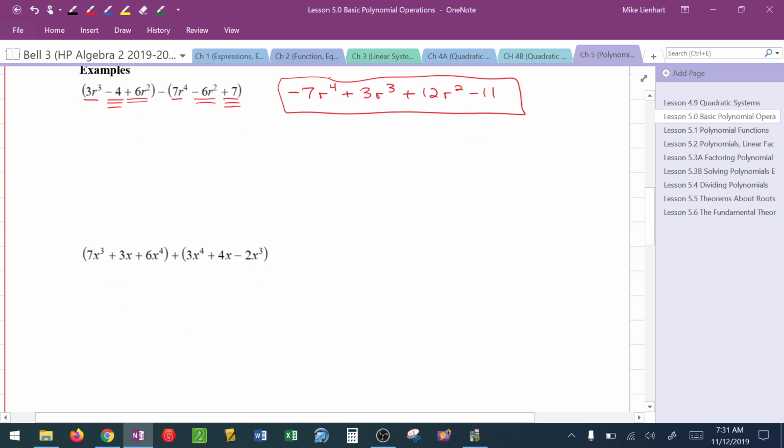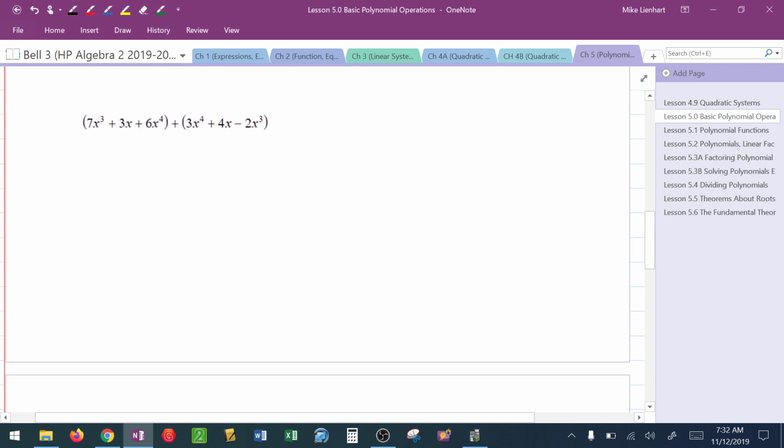All right, let's try another one. In this one, again, I see x to the fourth. I notice I'm adding, so I'm going to put those two together. 6 plus 3 would be 9x to the fourth. Next should be x cubes. I have one here and one here. 7 plus negative 2, 7 minus 2, would be positive 5x cubed.